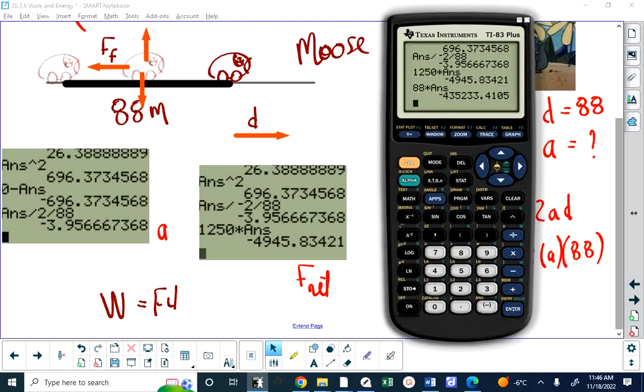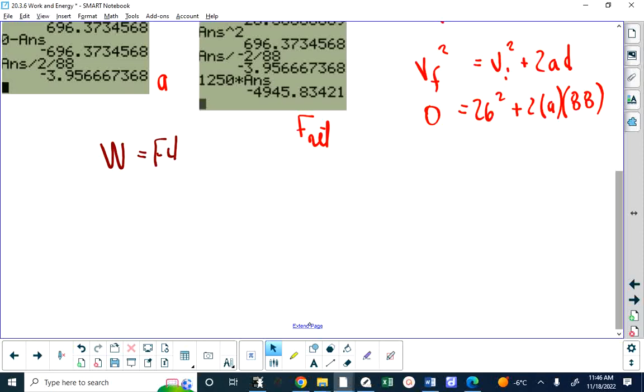It means the car lost 435,233 joules of energy. Put into standard scientific notation, that gives me negative 4.4 times 10 to the 5.